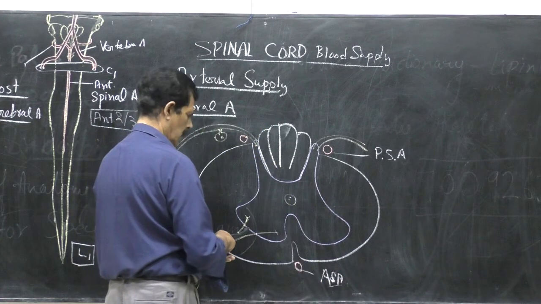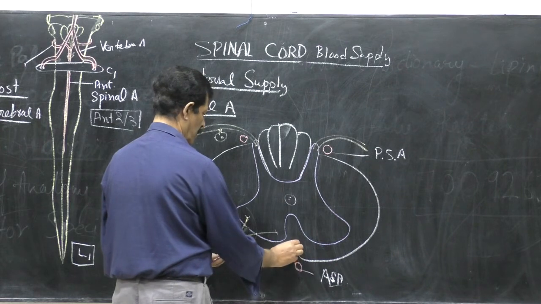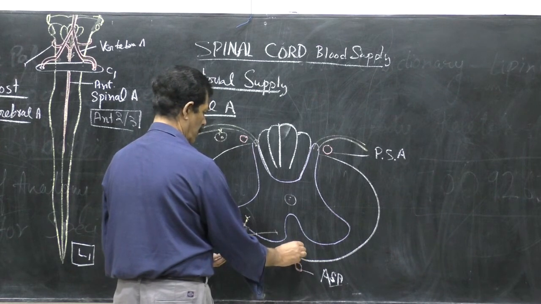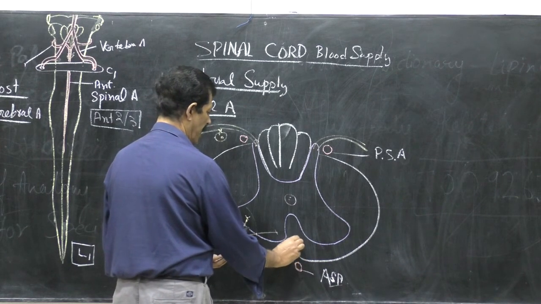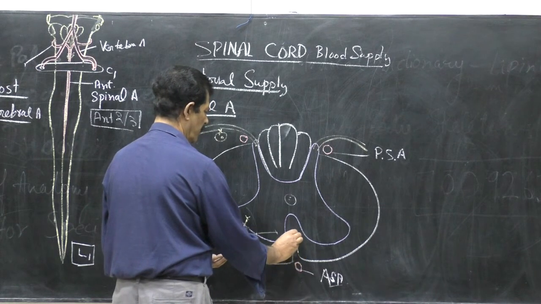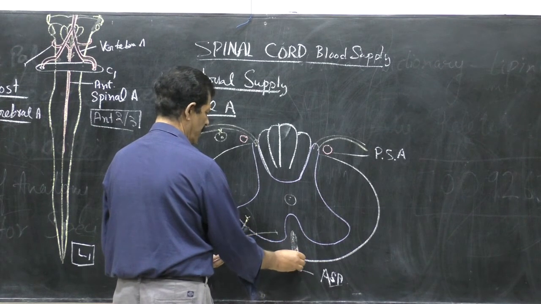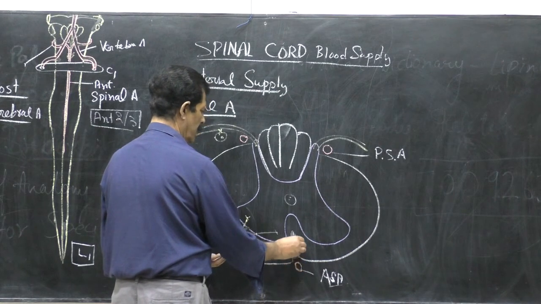And here, lying in the anterior median fissure, is the linea splendens, which is the gelatinous material of the pia mater filling the anterior median fissure.